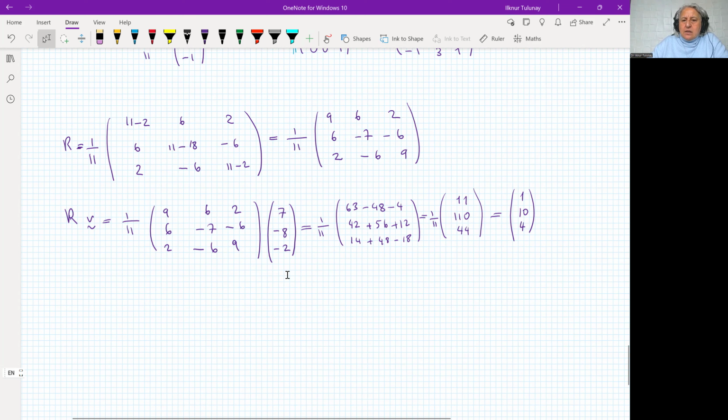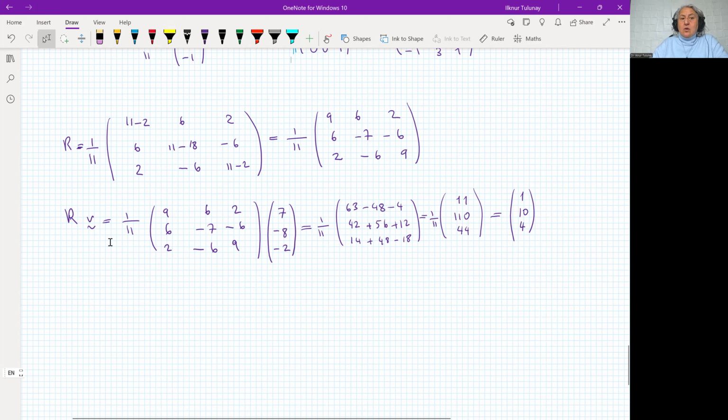So this times this will give us 9 times 7 minus 6 times 8 minus 2 times 2, which is this entry. 6 times 7, 7 times minus 8 is 56, and minus 6 times minus 2 is plus 12. 2 times 7 is 14, minus 6 times minus 8 is 48. 9 times 2 is 18. If we calculate these numbers, we have 1144 divided by 11, we have 110.4. So this is the reflected vector under this reflection of the vector v.